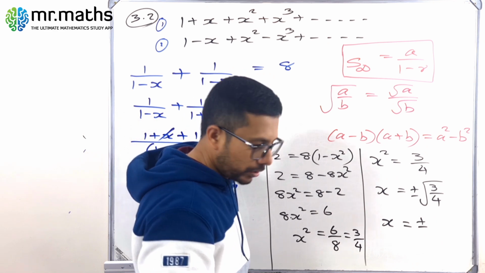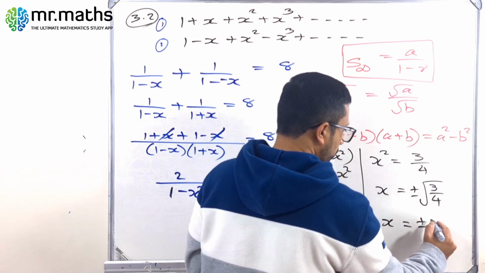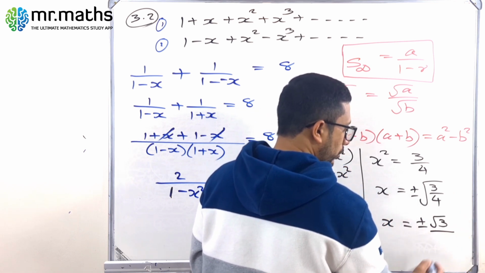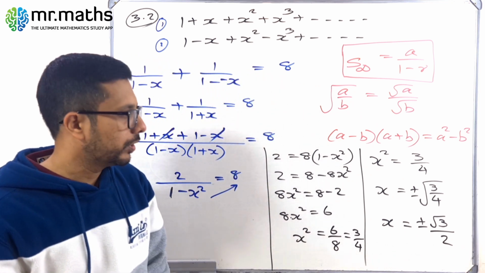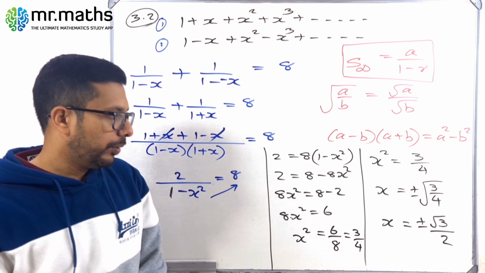So similarly square root of 3 by 4 is square root of 3 divided by square root of 4. What is square root of 4? It is 2. So you can write it like that also in a simplified form. x is equal to plus or minus square root of 3 by 2.